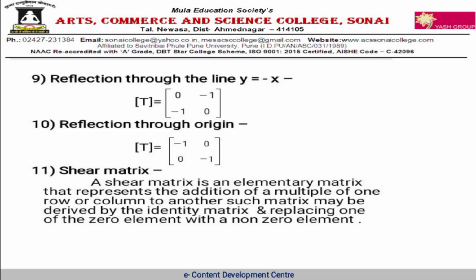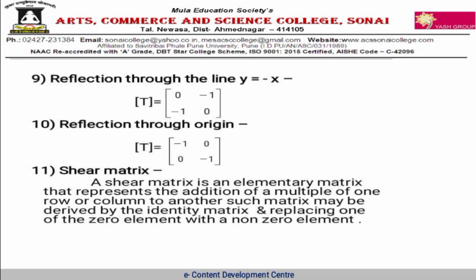The next effect due to transformation in a 2 by 2 matrix is the shear matrix. A shear matrix is an elementary matrix that represents the addition of a multiple of one row or column to another. Such a matrix may be derived from the identity matrix by replacing one of the zero elements with a non-zero element.